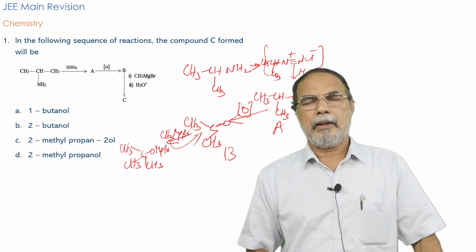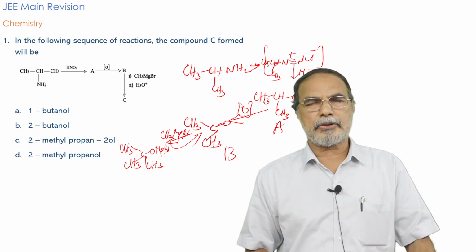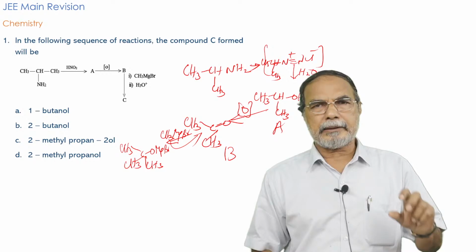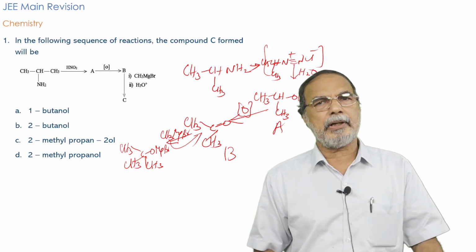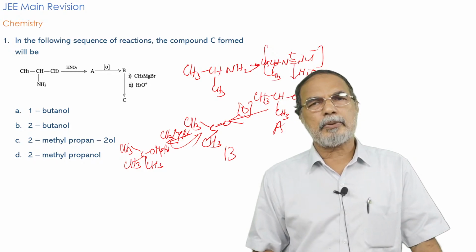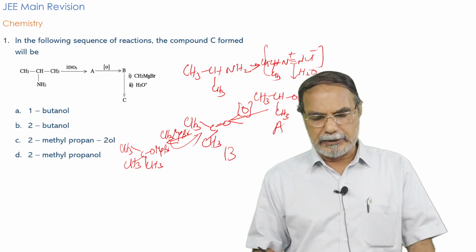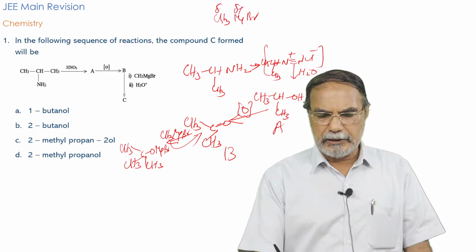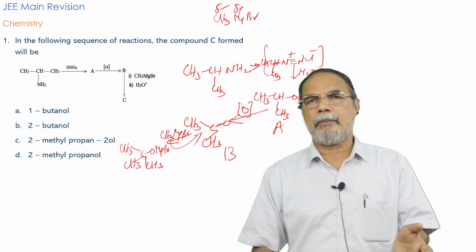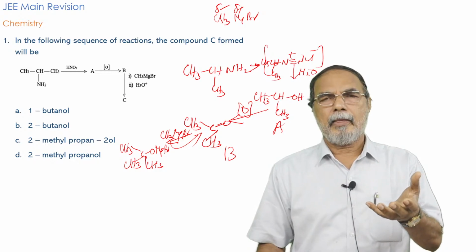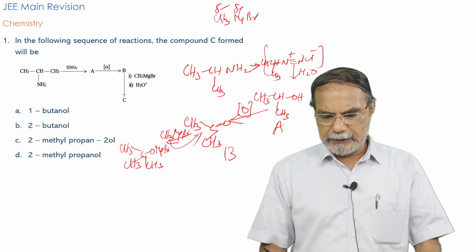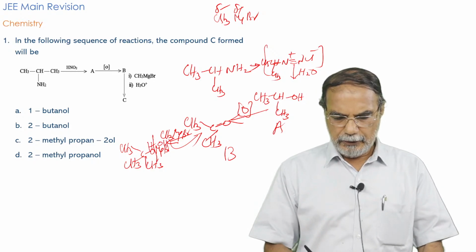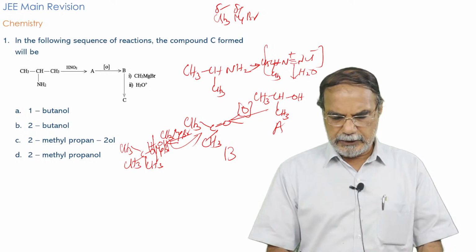Carbonyl compounds, C double bond O compounds, are characterized by nucleophilic addition reactions. Here methyl magnesium bromide provides the nucleophile CH3 minus, because the metal atom has positive charge and CH3 has negative charge. That is getting added to the carbonyl group, and this compound on hydrolysis, HOH, gives CH3, CH3, CH3, COH.